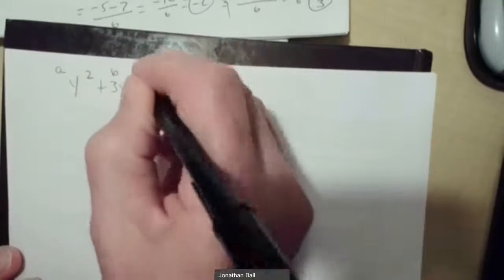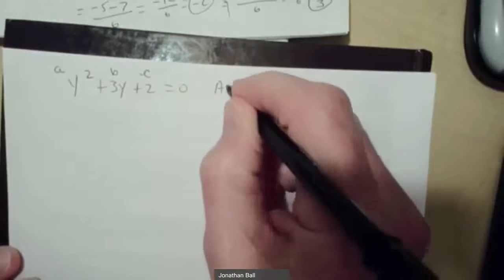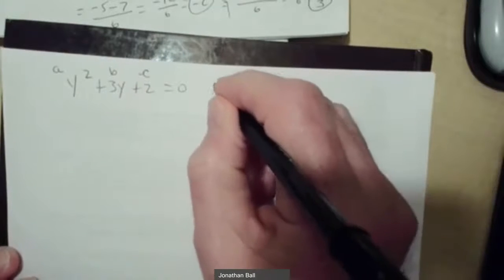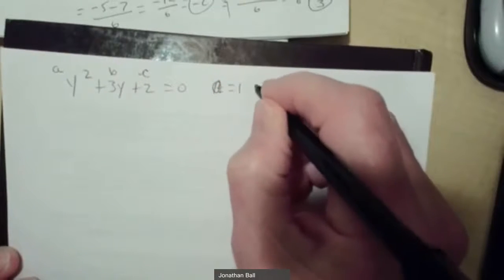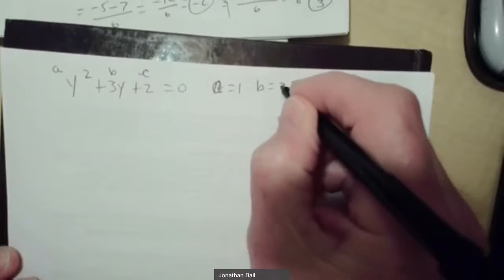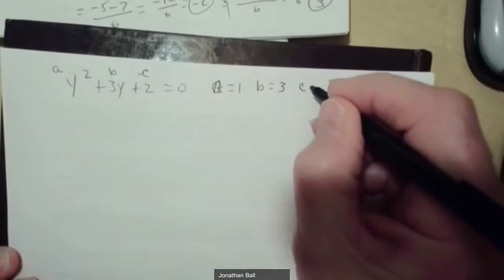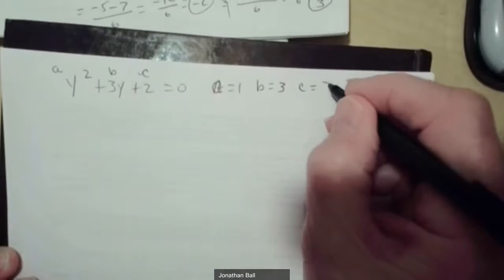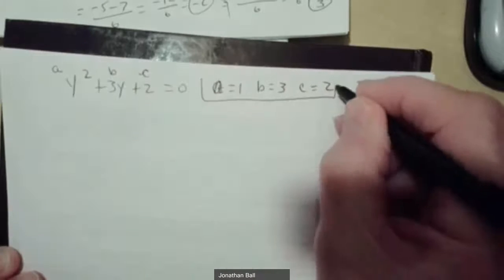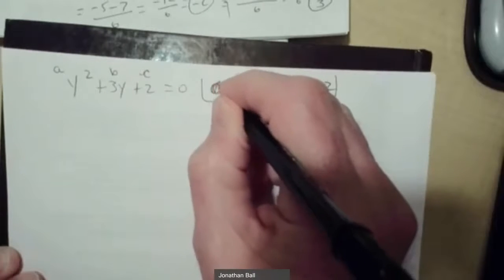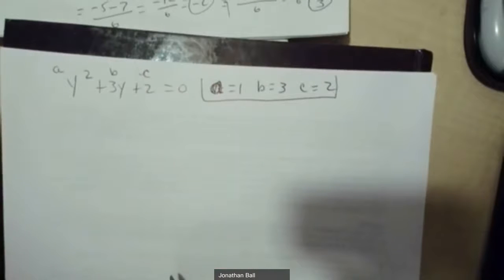Remember, this is our A, this is our B, and that's our C. So A is 1, B is 3, and C is 2.